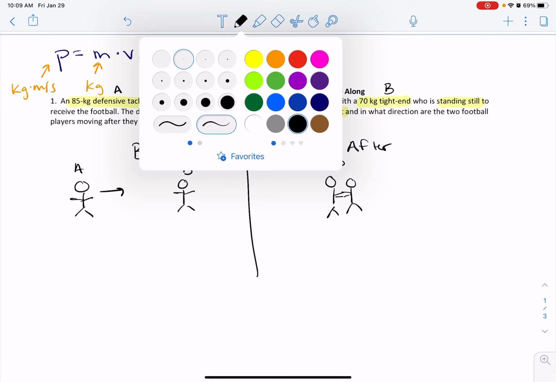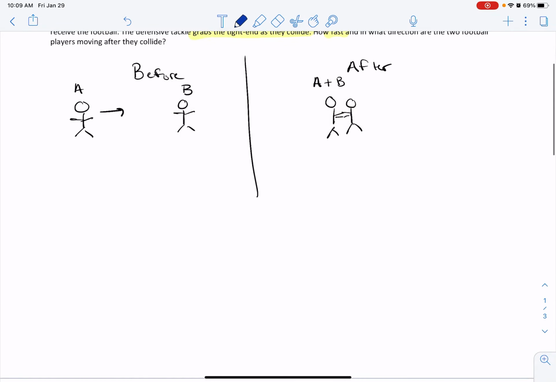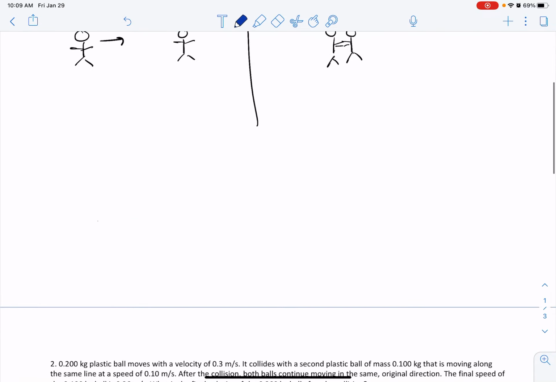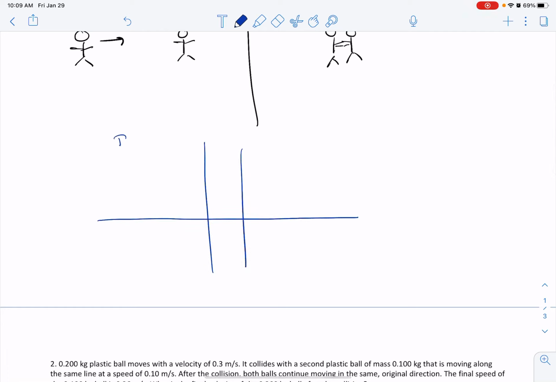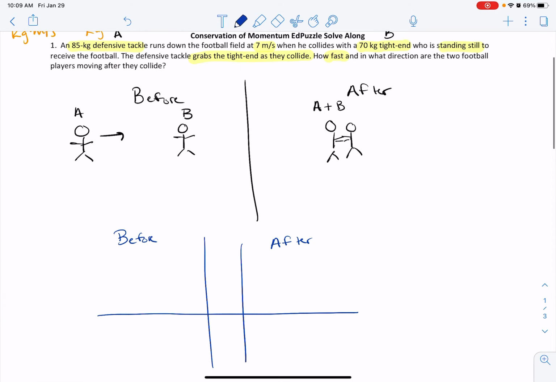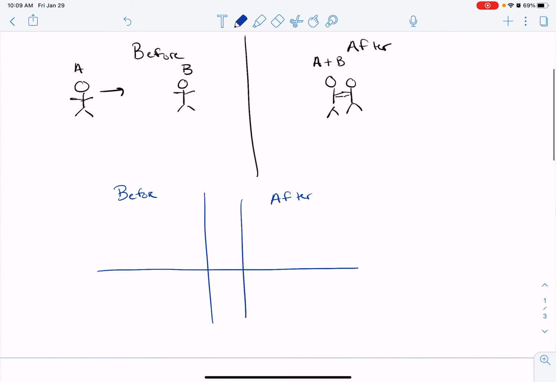Sometimes when solving momentum problems, the next step is to make a bar chart. This is my bar chart, for before and after. Before we have A and B, and after is A plus B. Originally A is going to have some momentum because it has velocity, but B is not.